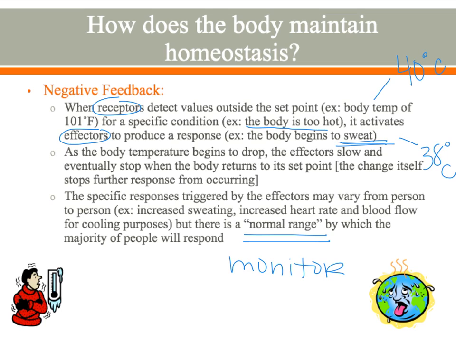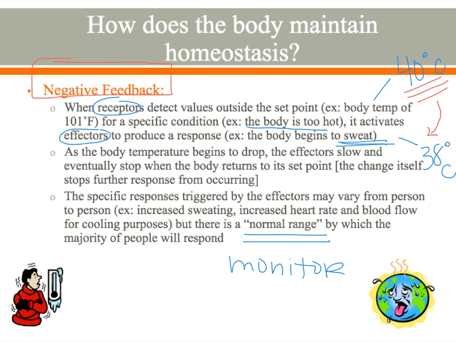This entire system is an example of a very specific action by the body called negative feedback. That means when the body detects that something is off balance, 40 degrees, it begins activities to reverse that change or to bring it back to normal.